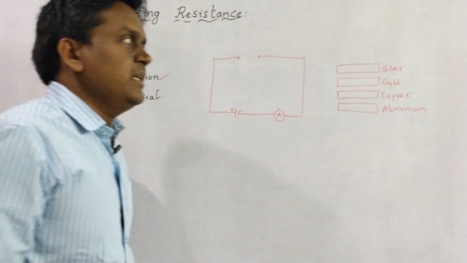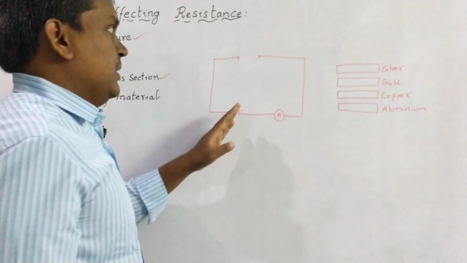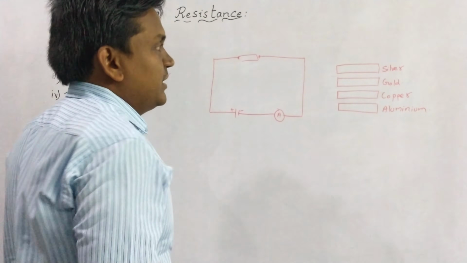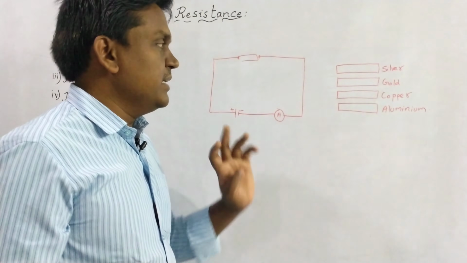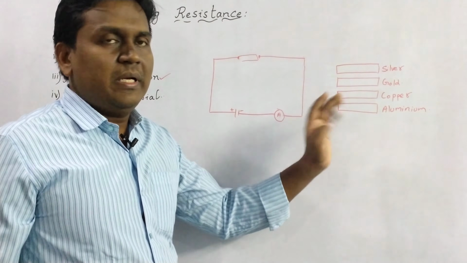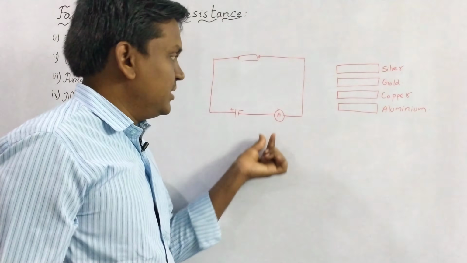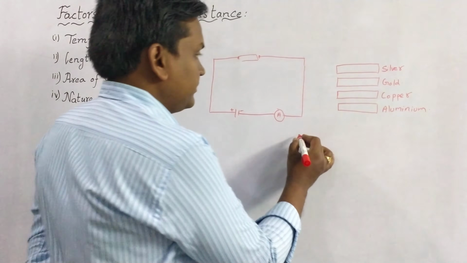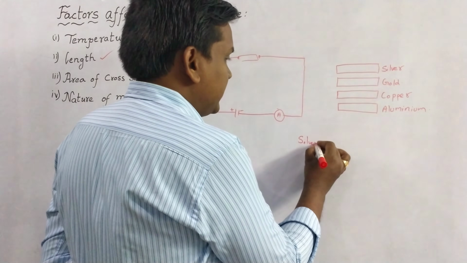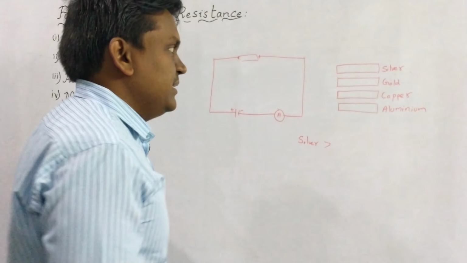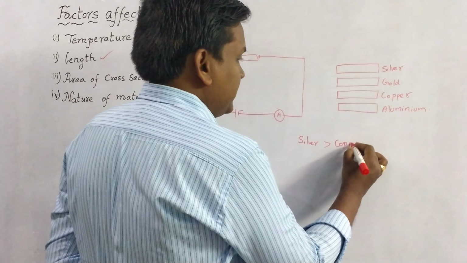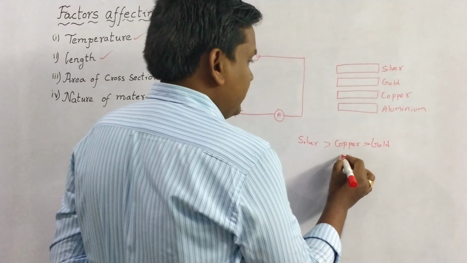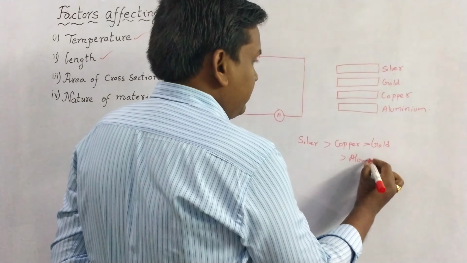So like this 4 different materials I have taken, and one by one I am placing the material here in the circuit. First I placed silver and observe the current reading, and then gold, copper and aluminium. As I am changing the materials, the reading of the current also will change. So how it will change is, the maximum current will flow when silver is placed, and next when copper is placed the current will be more, and next for gold, and finally for aluminium.